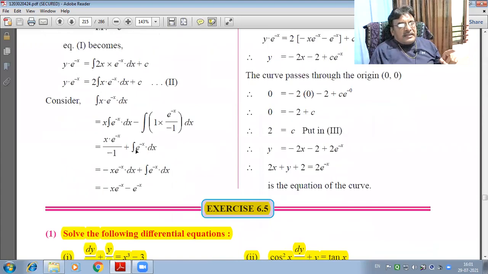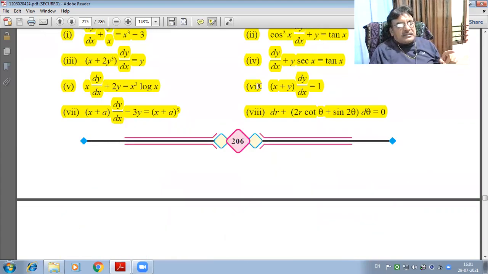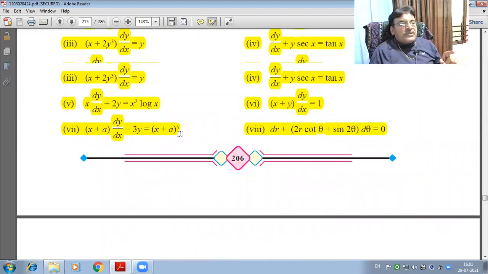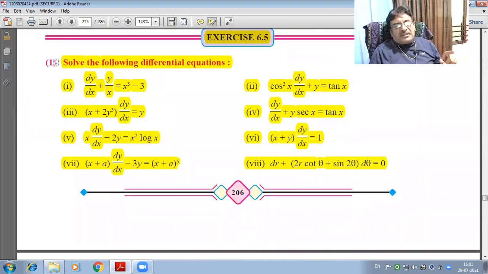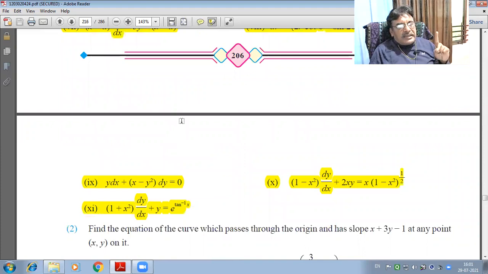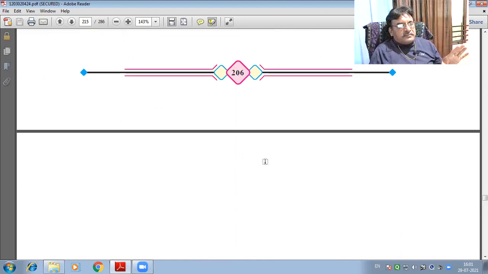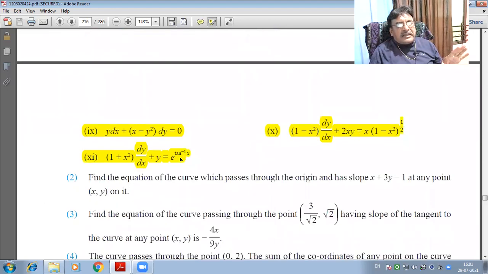Next, Exercise 6.5, Unit 1: Solve the following differential equations. This unit contains 11 problems: first, second, third, fourth, fifth, sixth, 7, 8, 9, 10, 11.